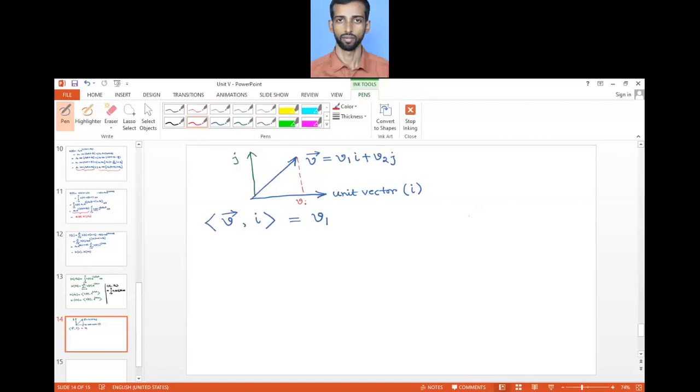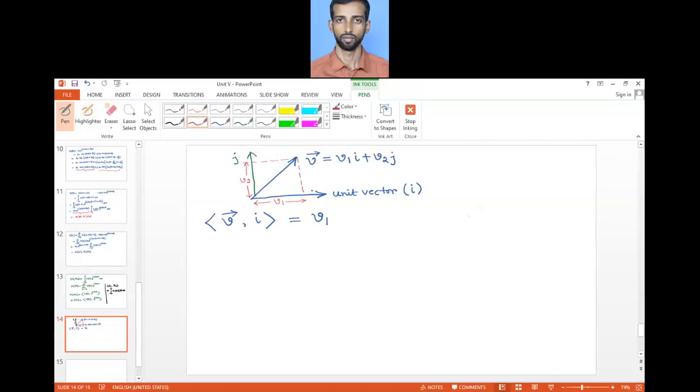This length is v1, from here to here, and this one is v2. So I have got a vector v equal to v1i plus v2j.